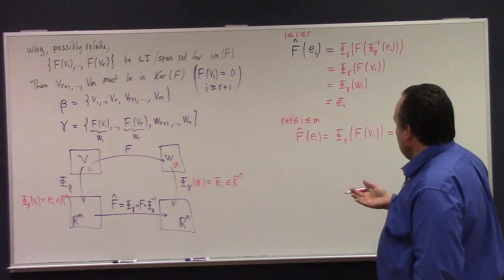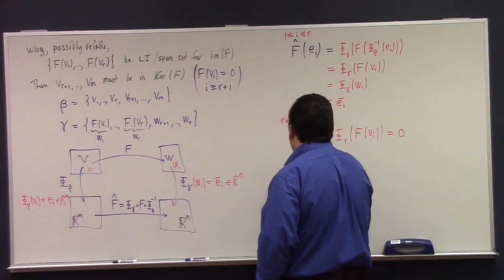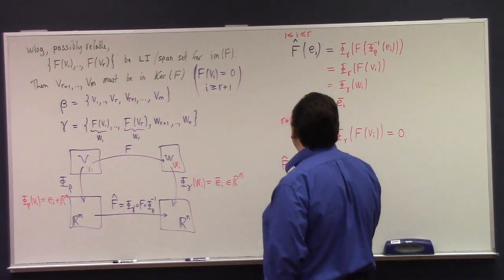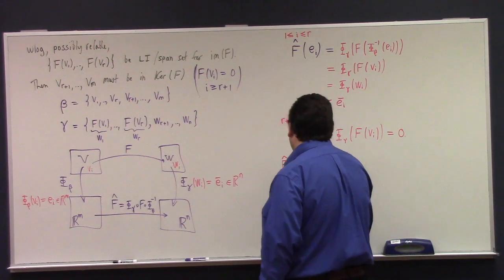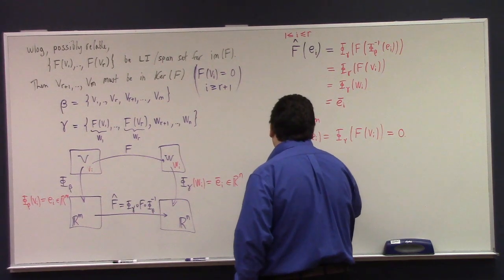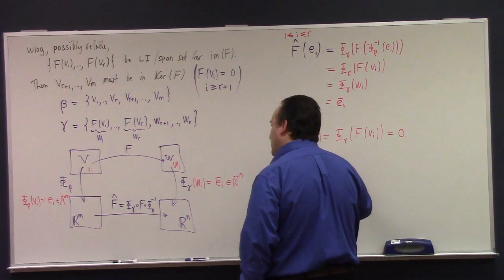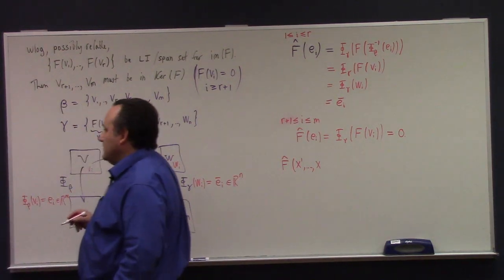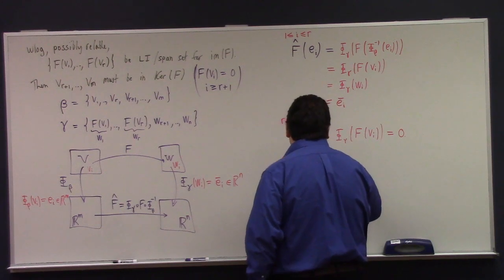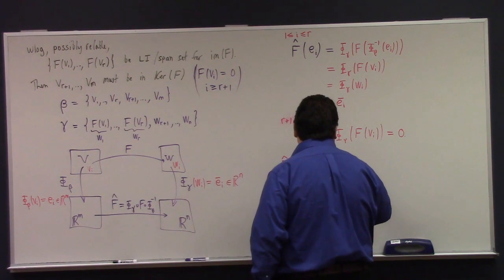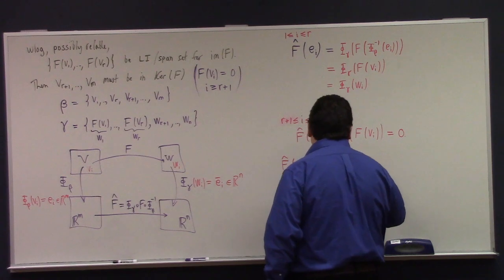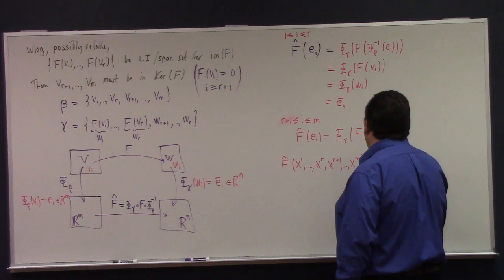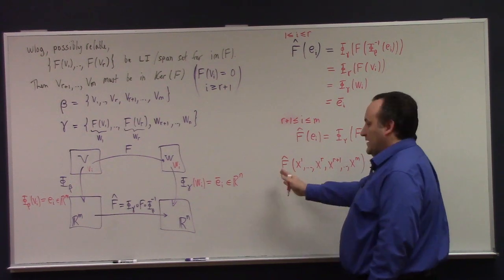So what is the formula for f hat then? It's going to be a big bracket. If I use x1 through xr, xr plus 1 through xm for the input, it is equal to, well, this is linear, right?